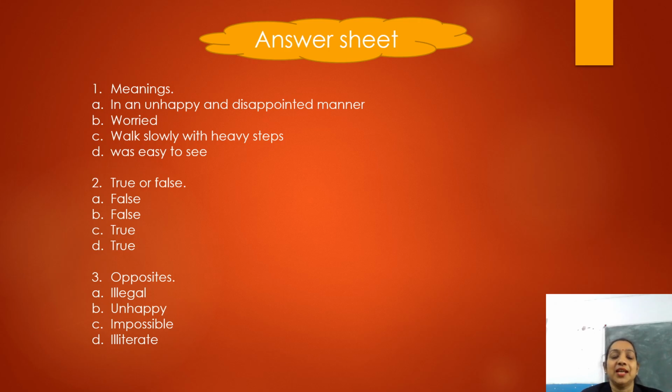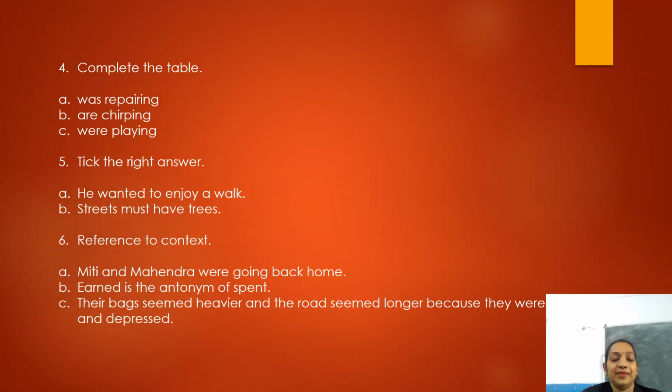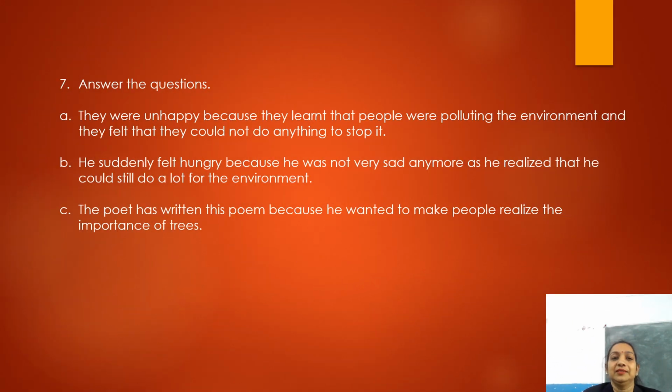So here the answers to question 1, 2 and 3. Then answers to question 4, 5, 6. And now the next slide. Here, answer to the questions. Question 7. Okay. All the answers are given. So just do this worksheet very nicely and honestly.